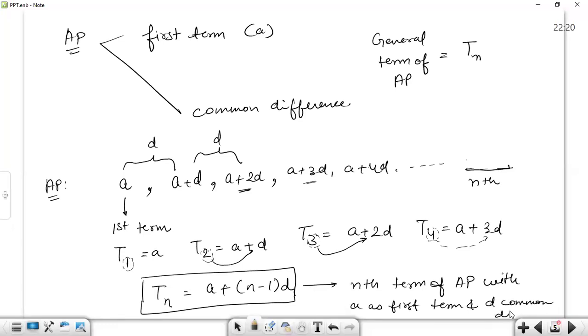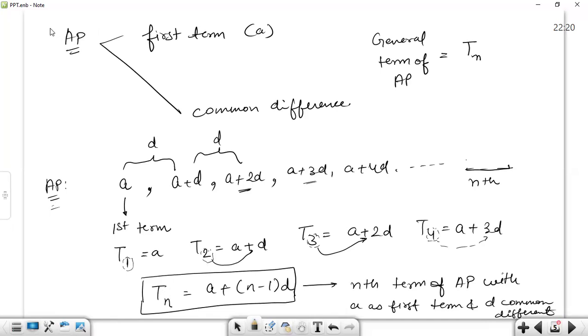Clear? Any doubt? No, sir. Yes. So from the AP's observation, we have found the formula for finding the nth term.